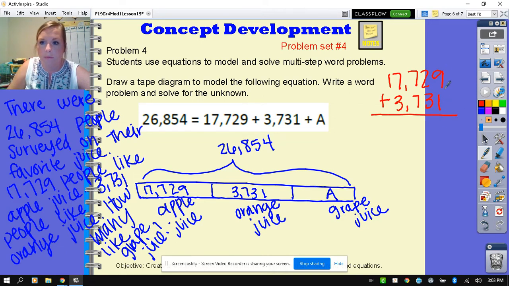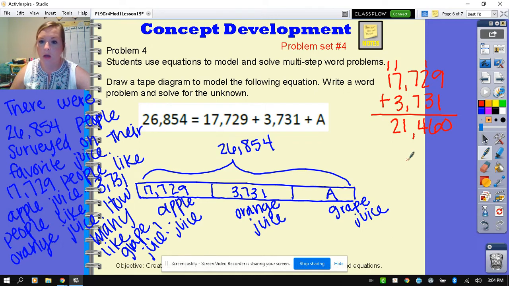So I'm going to add those up. 9 plus 1 is 10. 3 plus 2 plus 1 is 6. 7 plus 7 is 14, so leave my 4. I'm going to carry my 1, cash it in. 7 plus 3 is 10, plus 1 is 11, and 1 plus 1 is 2. So we know that 21,460 people like apple or orange juice.